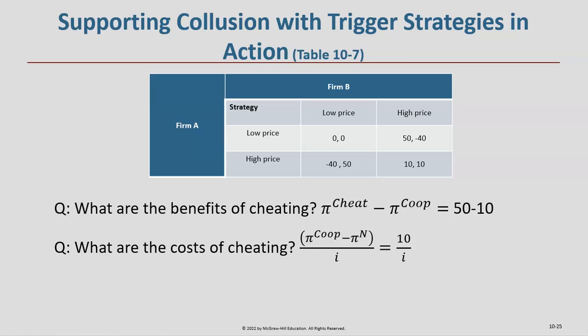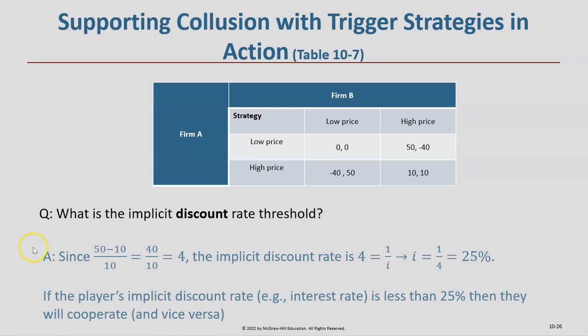So firms might have a higher implicit discount rate. Okay, so instead of doing like the book and saying, hey, the interest rate is 40%, let's just see what the threshold interest rate would be on whether you should cheat or not. So the question now is, what is the implicit discount rate threshold?